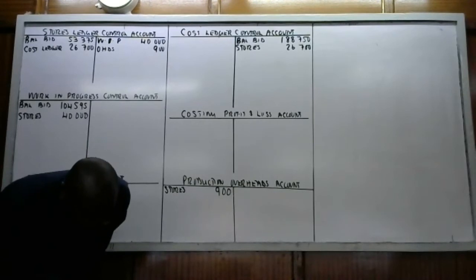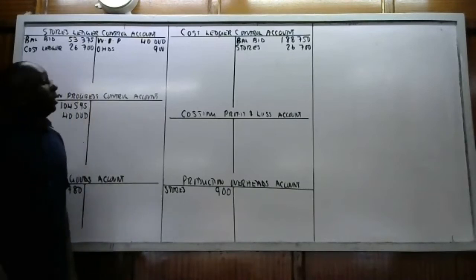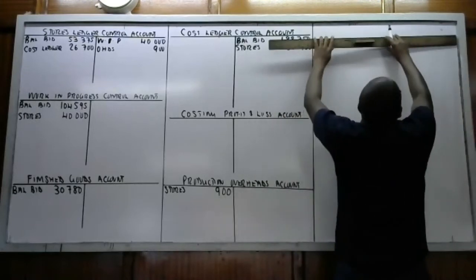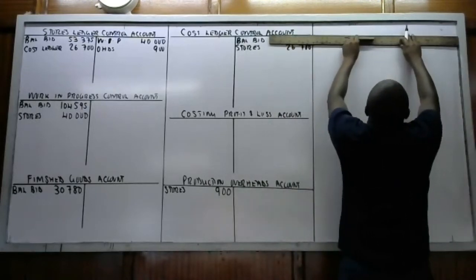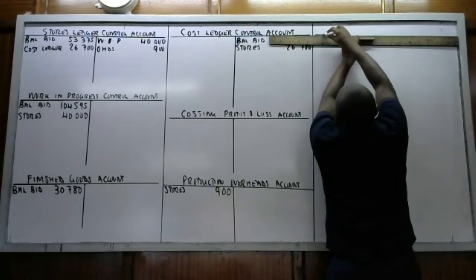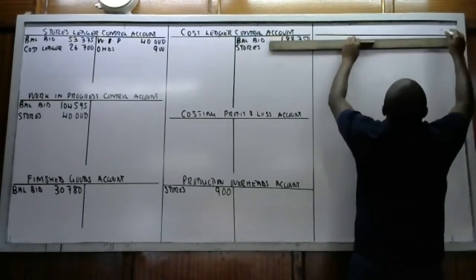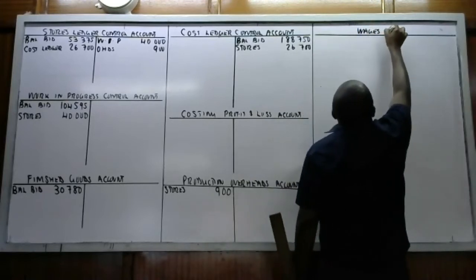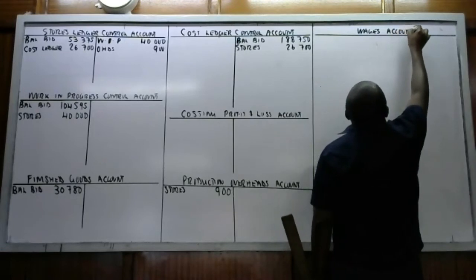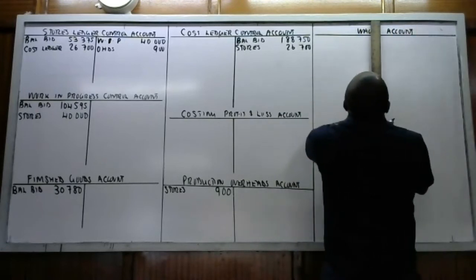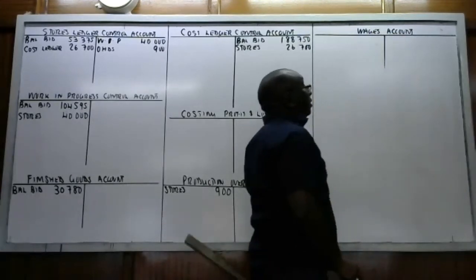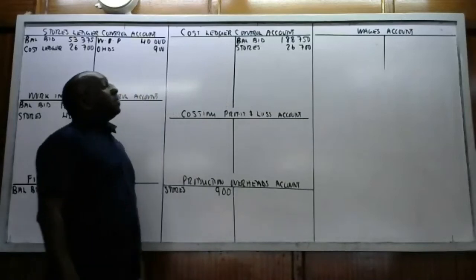Next, factory wages paid, including direct wages. So let's open an account called wages account. Not a very big one, 4 to 6 lines.